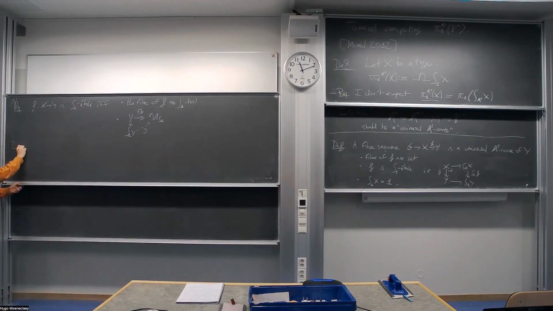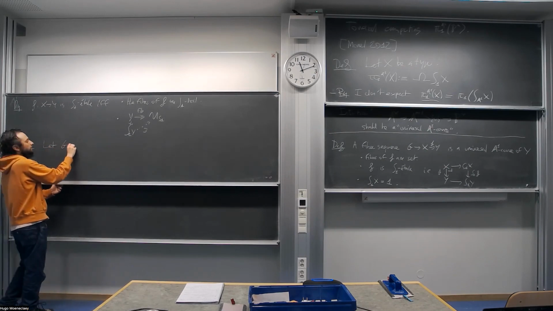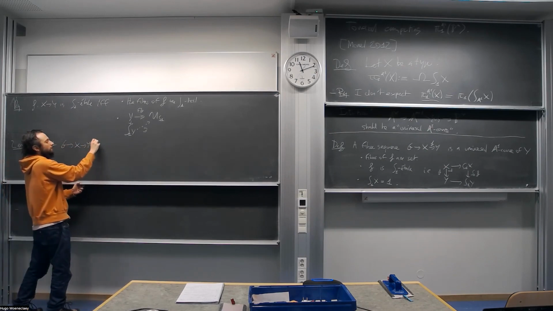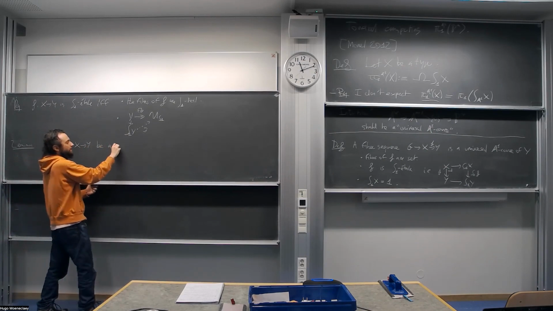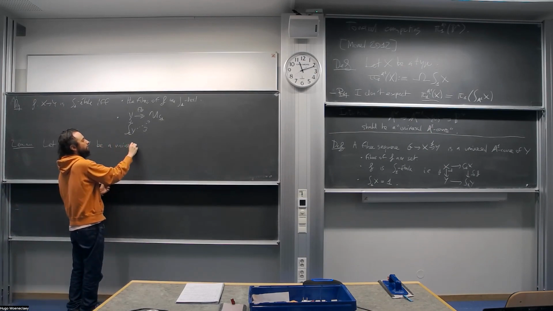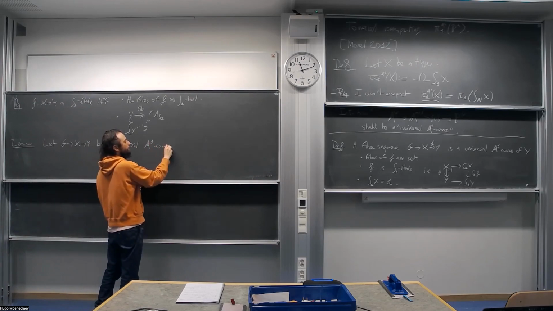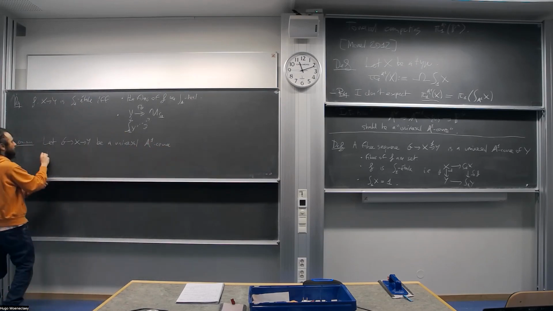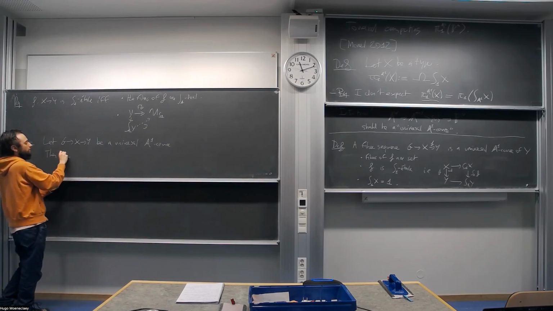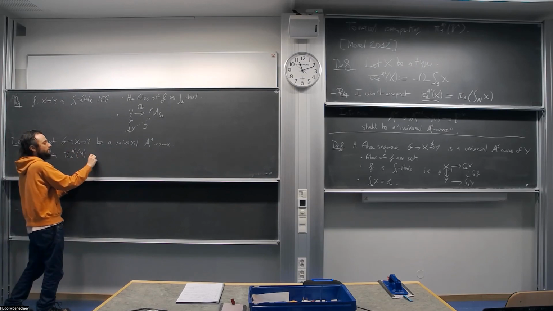So first, lemma. Let this be a universal A1 cover. Then π1 A1 of Y is equal to G.